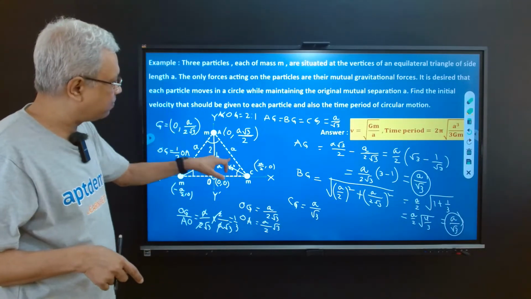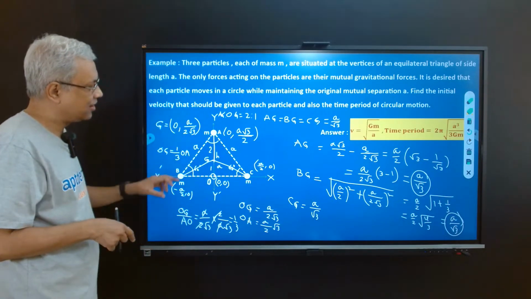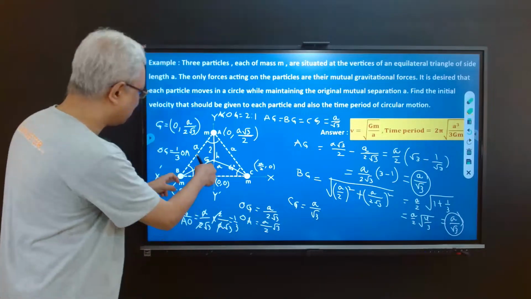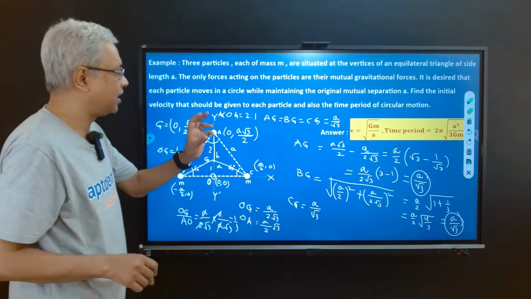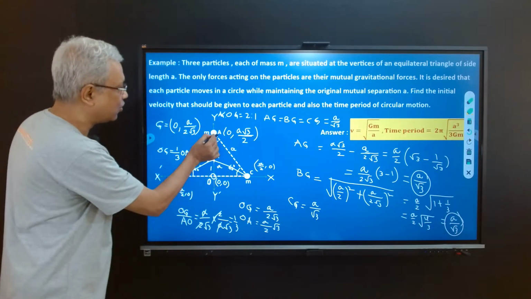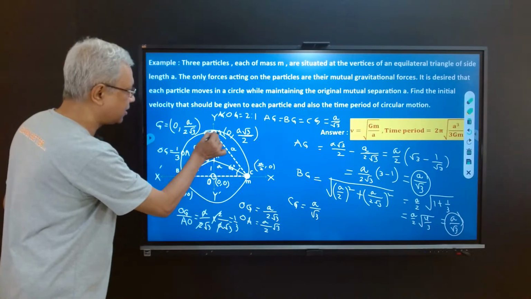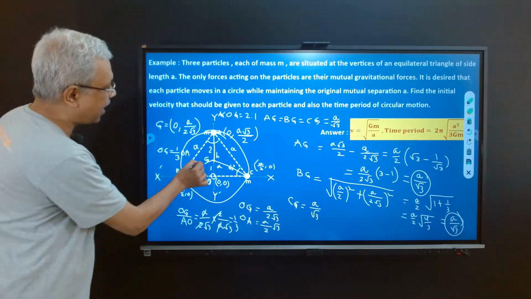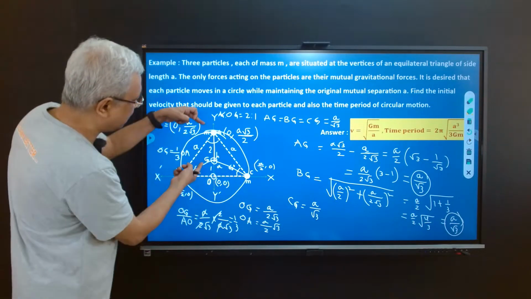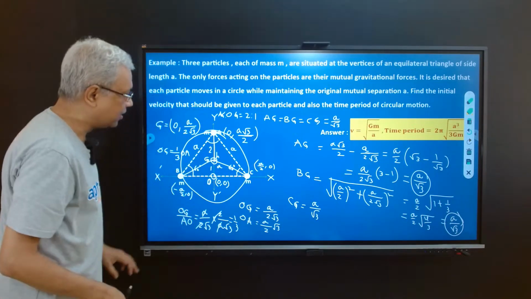This is the center of mass of ABC. And another very interesting thing, since GA is equal to GC equal to GB, this is the center of the circumcircle of this triangle. So if I draw a circle like this, its center happens to be at G, because GC is equal to GA is equal to GB.